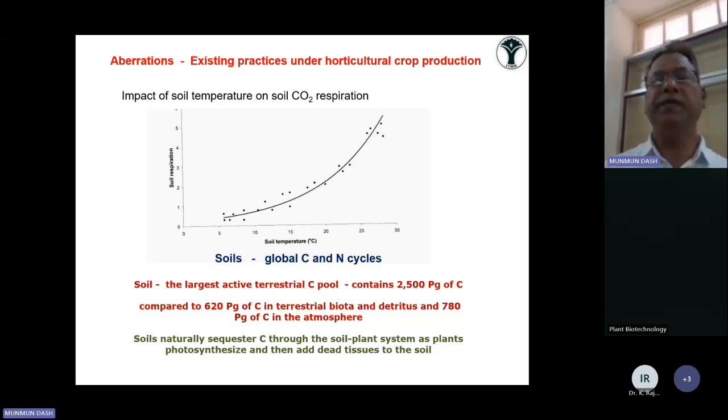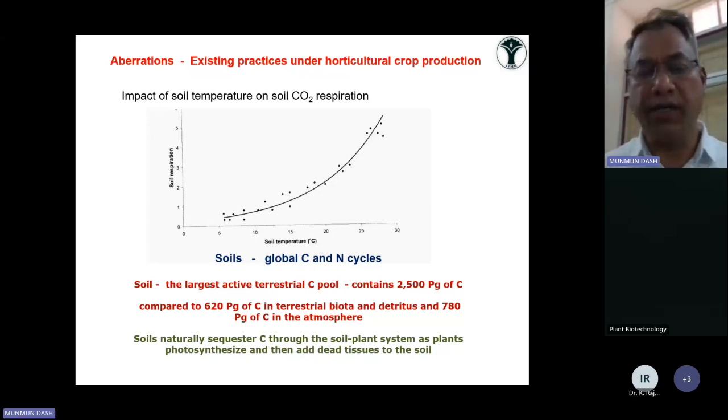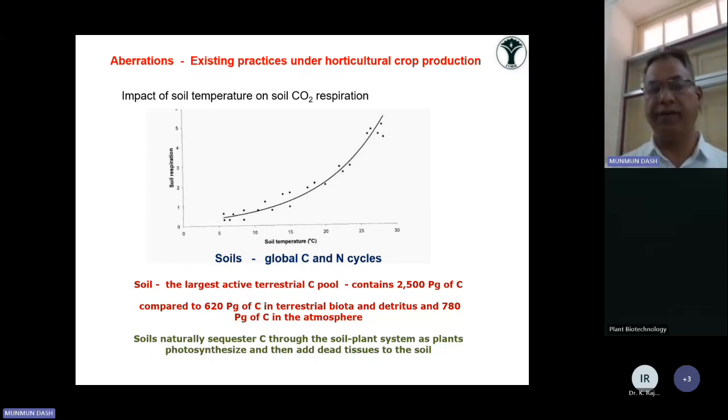And we know that soil is an active terrestrial carbon pool. It contains almost 2,500 petagrams of carbon, compared to about 620 in terrestrial biota and 780 petagrams of carbon in the atmosphere. This is the reason soil is the big carbon stock pool.